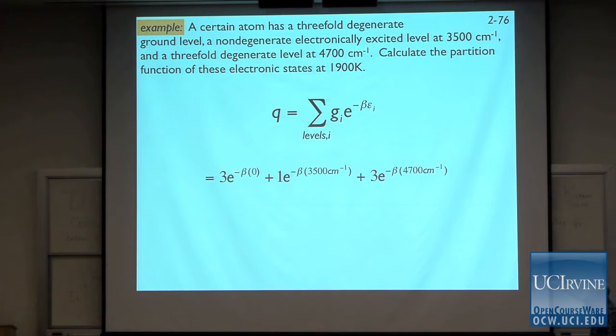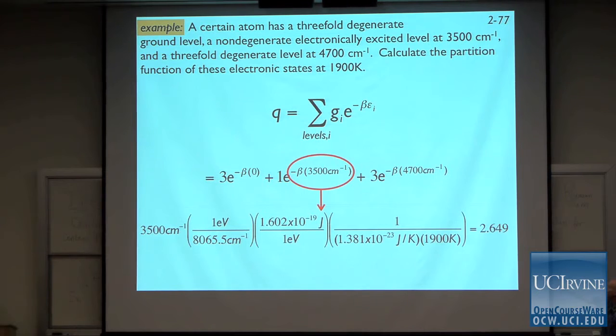So that's 3 times the exponential of minus beta times 0, because the energy of the ground state is 0, plus non-degenerate, e to the minus beta times 3,500 wave numbers, plus triply degenerate, e to the minus beta times 4,700 wave numbers. 3 terms because there are 3 energies. Total of 7 states: 3, 1, and 3.